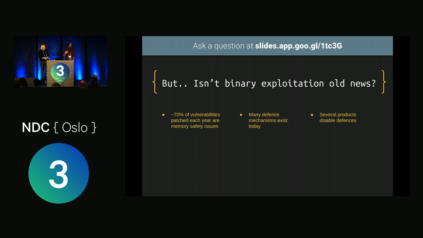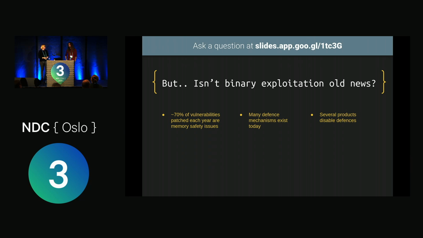And these are examples of companies and products that are very mature when it comes to security. They have a lot of defense mechanisms in place. But on the other hand, you have products that for some reason just disable all of the defenses that we have available today, for example from the compiler.